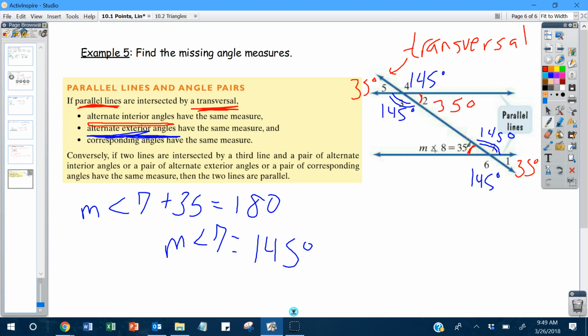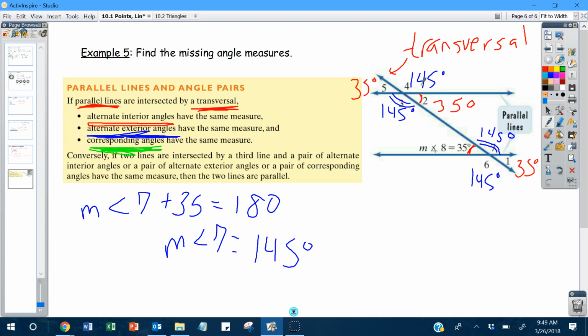Now, the only thing I haven't talked about is corresponding angles. I'll just highlight those. When you have parallel lines cut by a transversal, you have angles that are basically in the same spot. Since these are parallel, these 4 angles look exactly like these 4 angles. If you just move your eye from here to here, the angles look the same.